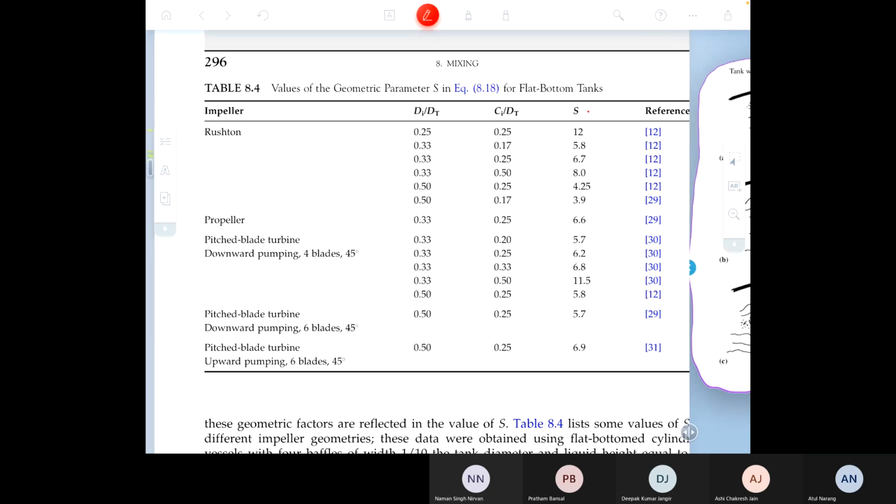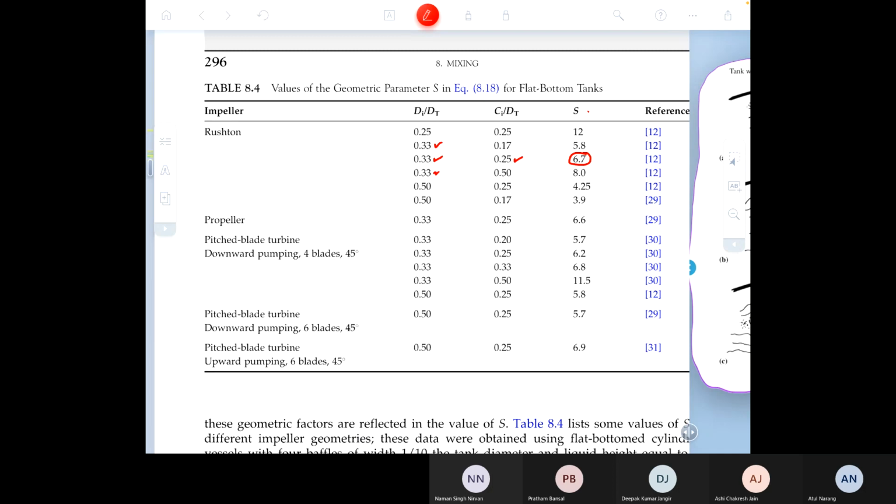So, for example, if you have a Rushton impeller, di over dt is 0.33, and you are also told Ci over dt is 0.25, then you narrow down S to 6.5. This is the way you would use it.